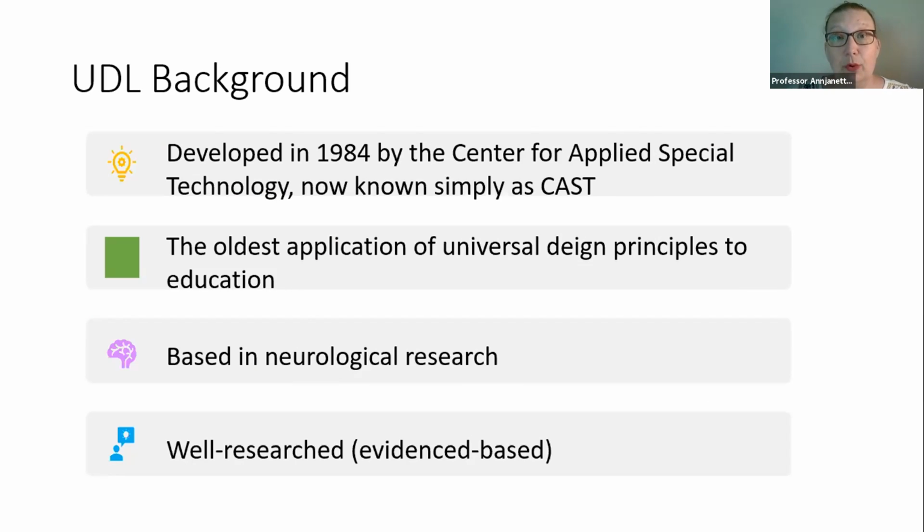CAST began to explore ways to improve education by using flexible methods and materials. It was groundbreaking at the time and continues to be one of the most well-researched and evidence-based practices out there. Universal Design for Learning has been growing in prominence through higher education as a way to address true learner variability.